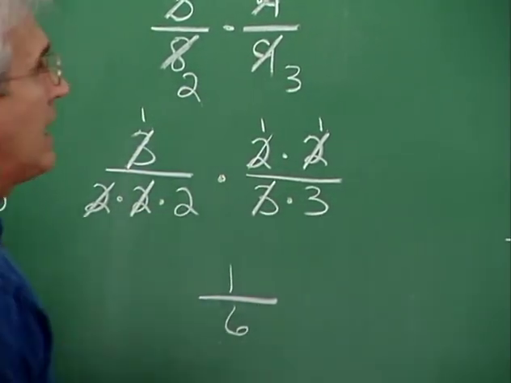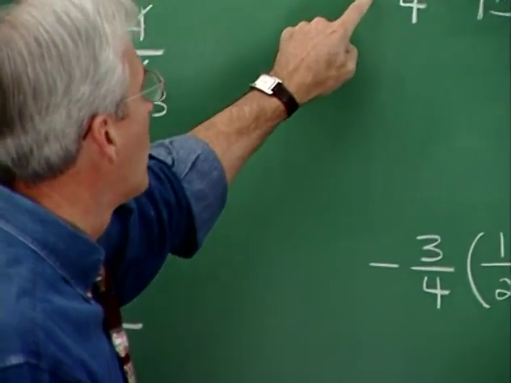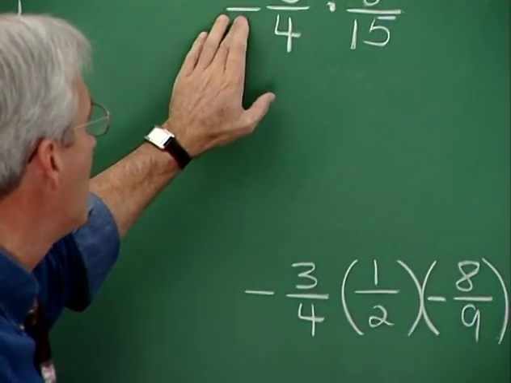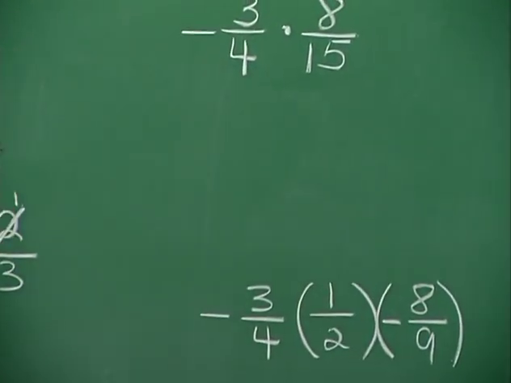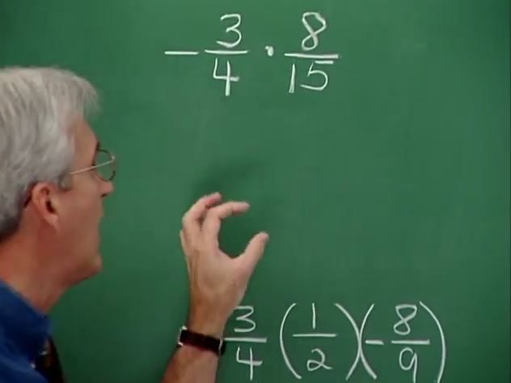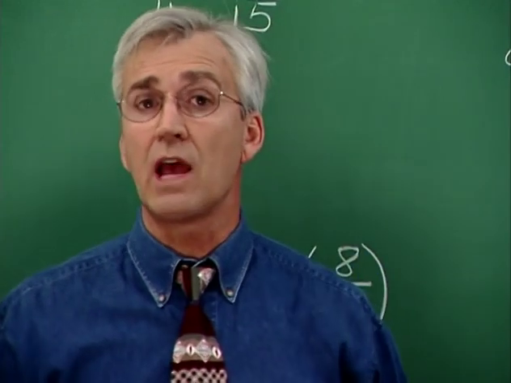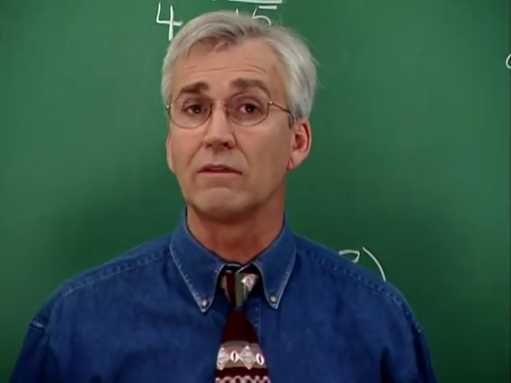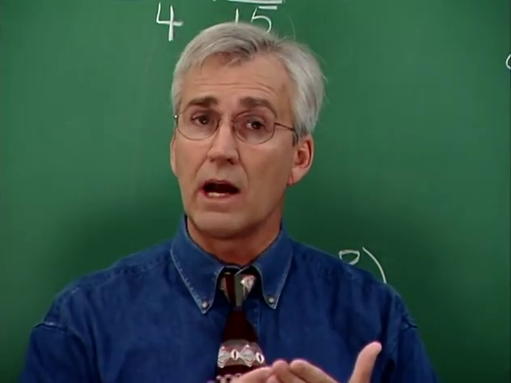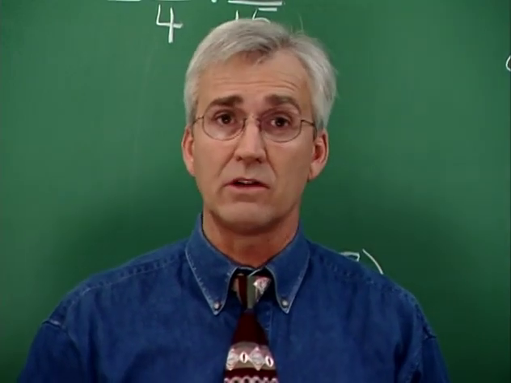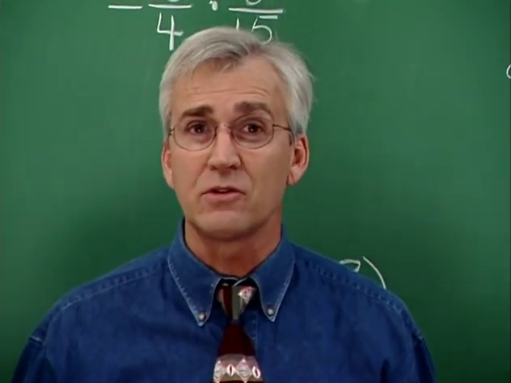Let's look at it again, and this time one of the fractions is negative. One's negative and one is understood to be positive. Now, multiplying with fractions carries the same rules that we talked about involving integers. That is, if we're multiplying a couple of fractions and one of them is positive and the other negative, then the answer is going to be negative.